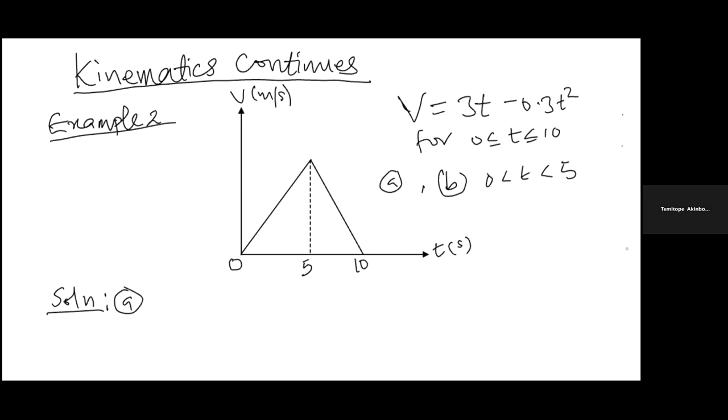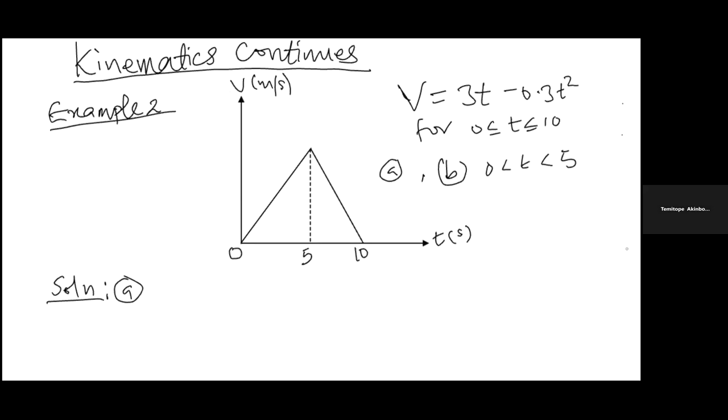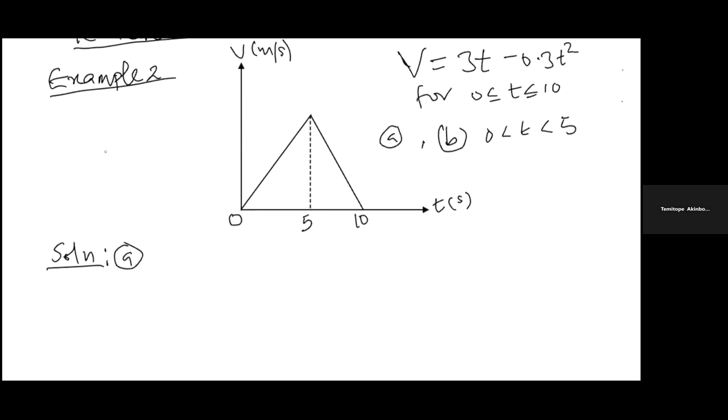Very good. Now, why do you use that? Because in the question, I hope every one of you is listening, the last sentence before question A says the displacements from A of P and Q are the same. So on that premise, I'm free to use the velocity function of Q given to us, which is VQ equals 3t minus 0.3t squared.